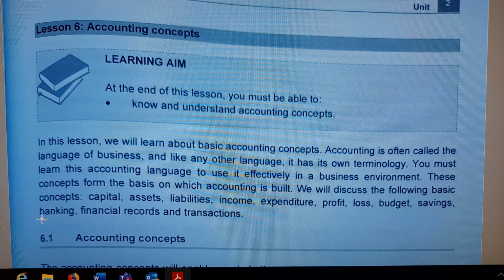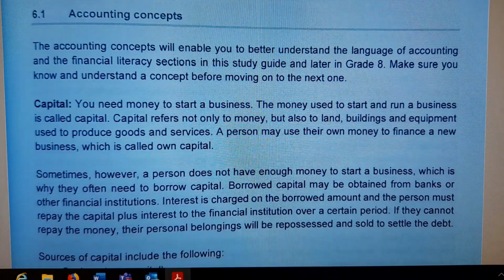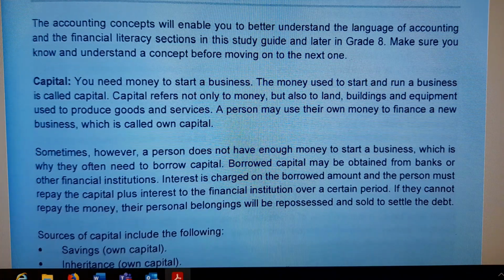Number 10, banking. Number 11, financial records. And number 12, transaction. And this will give us the understanding of the accounting language. Okay, remember this is in page 41 of your textbook. Okay, so let's look at the accounting concepts.